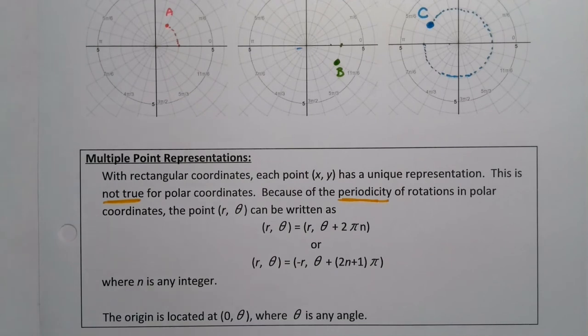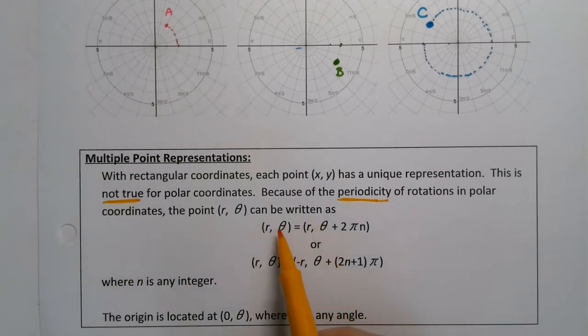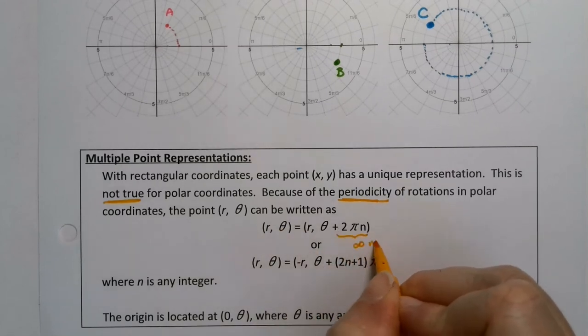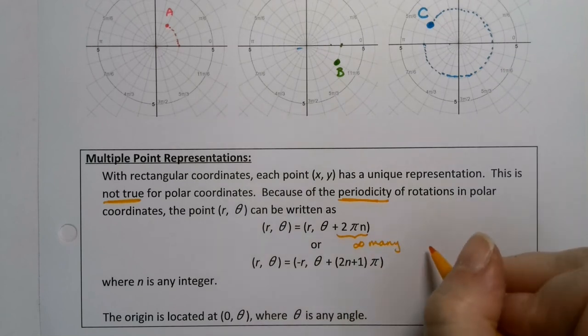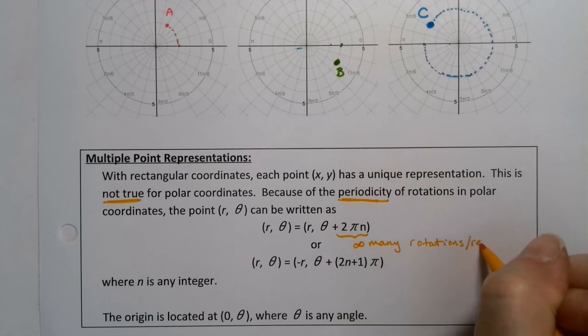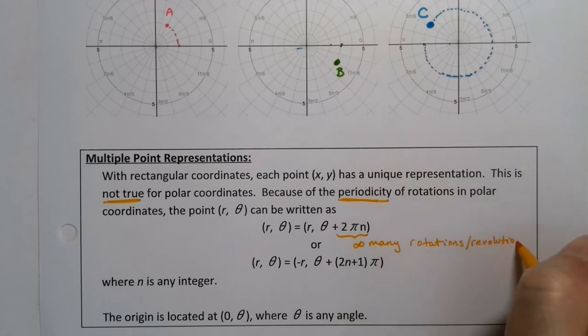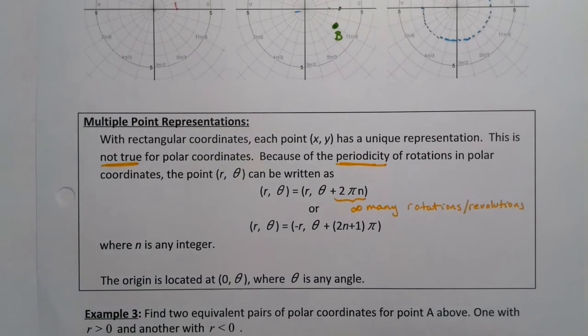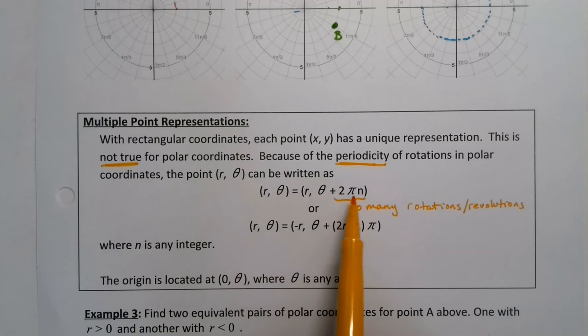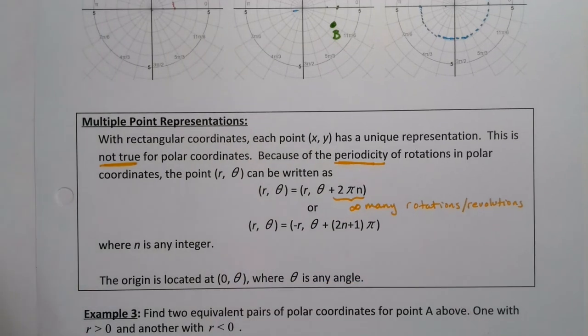So we could write the point as r comma theta, but then we could take that theta and add infinitely many rotations or revolutions, depending on which way you want to think about it. And not only can you do it that way, you can take your positive angle and add infinitely many positive rotations, but then you could also take that same angle and make it a negative start position.